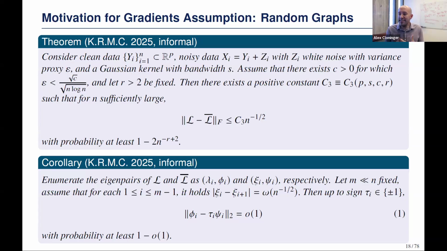So what this suggests is that if we really only focus on the low frequency eigenfunctions, they're going to agree with the object we actually cared about and not reflect the noise.